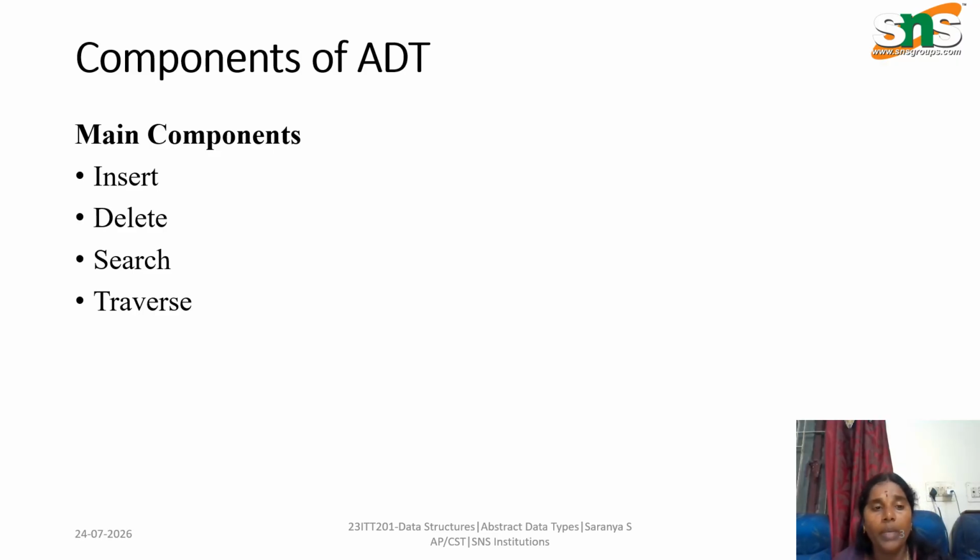Then the components of an ADT. These are the main components: insert, delete, searching, and traverse. Insert is inserting a new element, and deletion is deleting the desired element from the data structure.